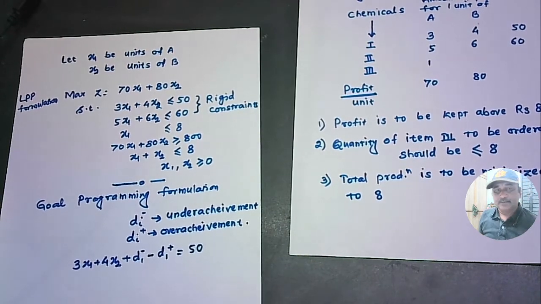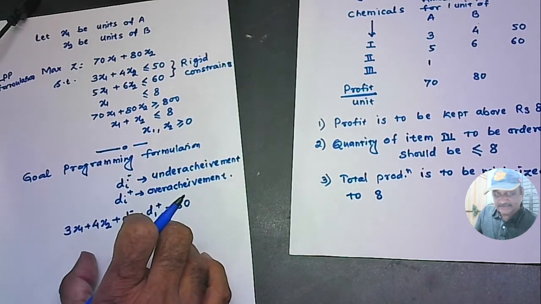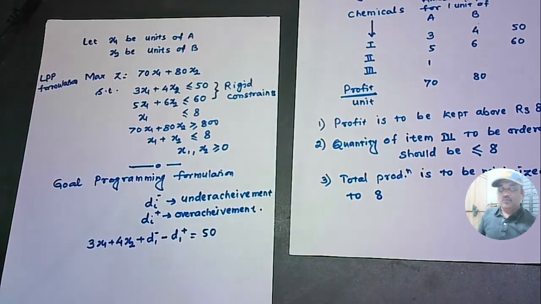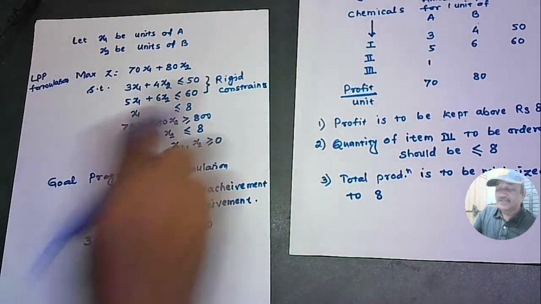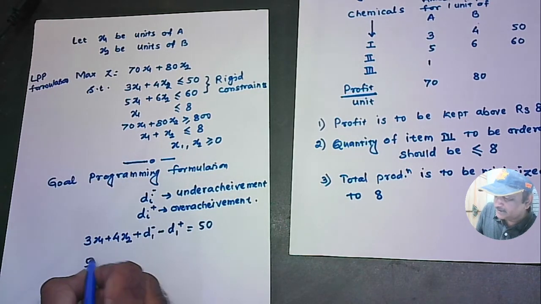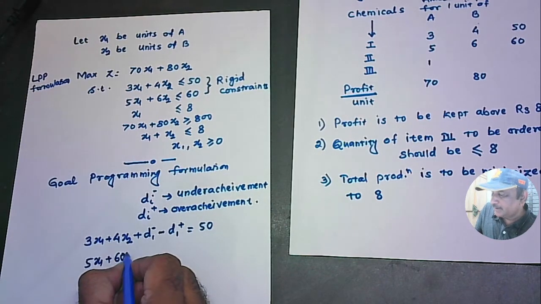Now, once you have understood this, understanding the rest of the constraints won't be much difficult. Now let's go on to the second chemical. The requirement of the second chemical is 5x1 plus 6x2.